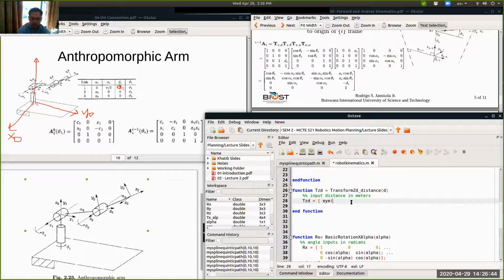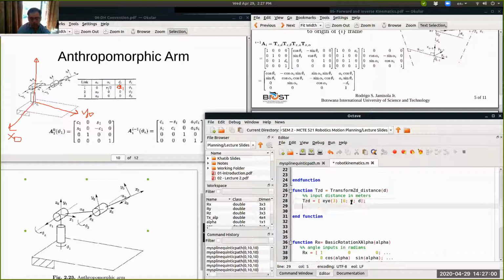You have I 3 by 3, and then the column, which is 0, 0, and D. That's your first three columns, and then you have 0, 0, 0, and a 1 here, and that's it.